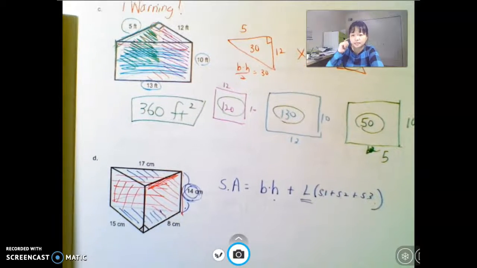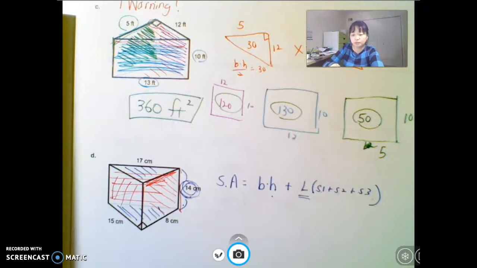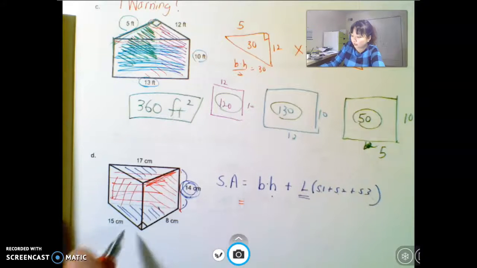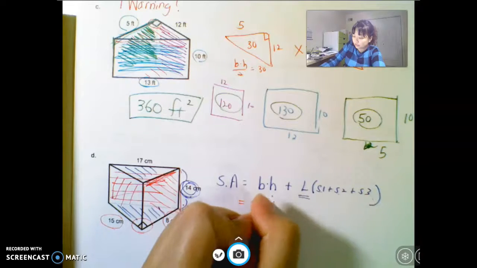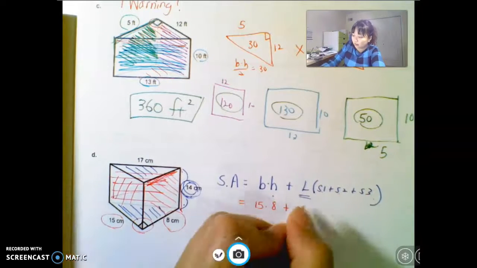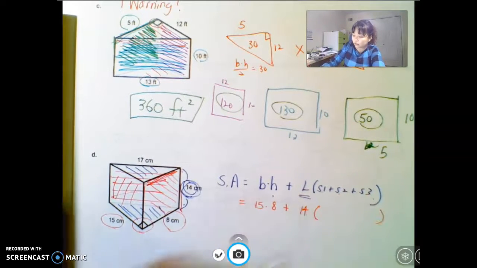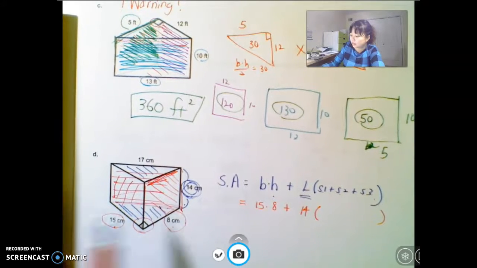So in this case, just put it in the formula. It would be base times height, which comes from the triangle, 15 times 8, plus the length, which is 14 for this triangular prism. The sides are 8, 15, and 17.